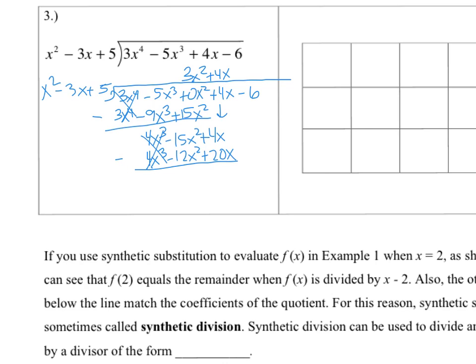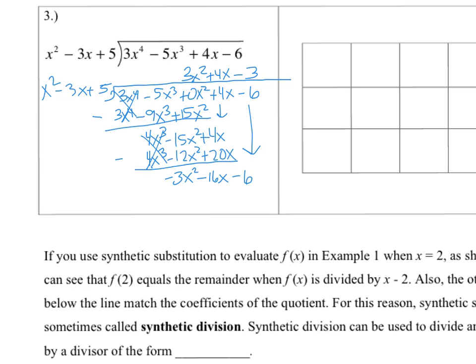Negative 15 take away negative 12 is really negative 15 plus 12, which gives us negative 3x squared. 4x take away 20x is negative 16x. And then we bring down our next place value column. So now we're thinking negative 3x squared divided by x squared, which gives us negative 3.